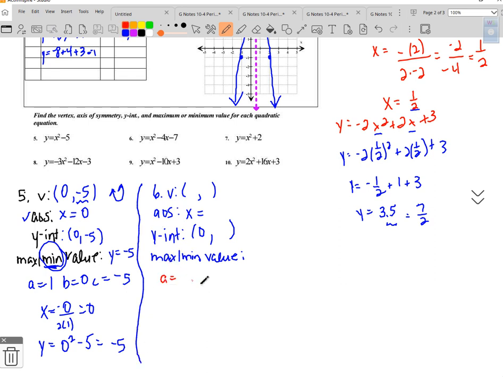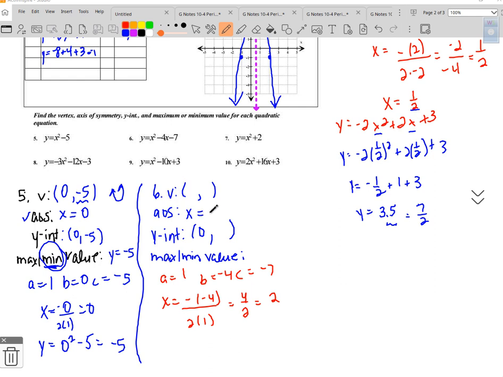Alright, A, B, C. I'm going a little faster. We've been doing quite a few of them. Opposite of B over 2 times A. 4 over 2. So our axis of symmetry is 2.